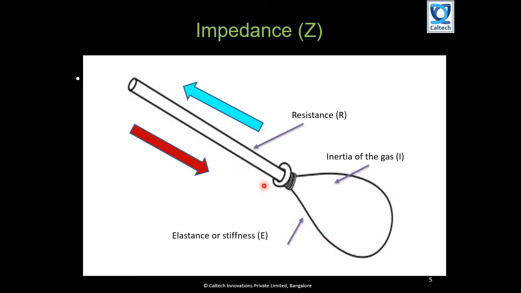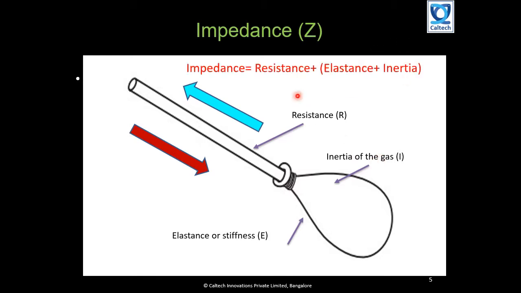When you breathe, you have to overcome the resistance offered by the airways in terms of airway obstruction. You have to overcome the elastance or stiffness of the periphery of the lung, and you also have to overcome the inertia of the gas you're breathing. So resistance, elastance and inertia are the three components that you have to overcome, and together these are called impedance.